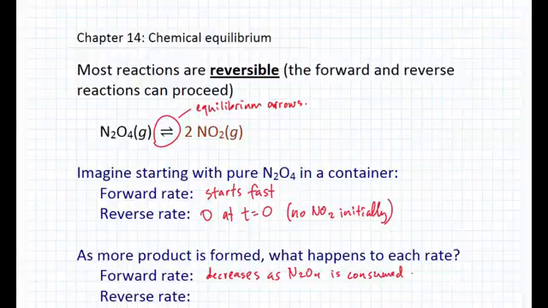As we have less and less of that N2O4, we have less and less of that forward reaction happening. So what's going to happen to the reverse rate? If it starts at 0, it has nowhere to go, but it increases. But it increases as NO2 is formed.